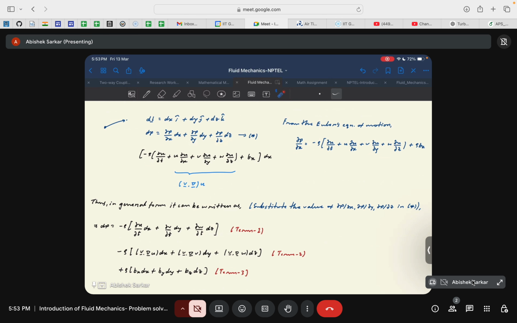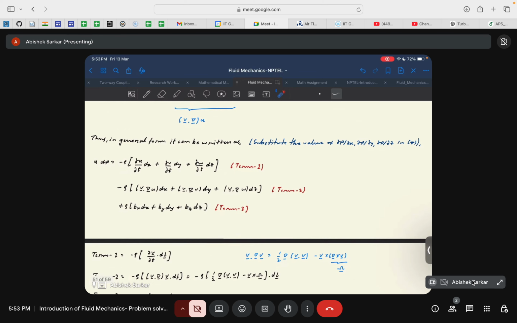Substitute the values of dou P by dou x, dou P by dou y and dou P by dou z in equation star. Once you do it, you will get a very lengthy equation given as this.